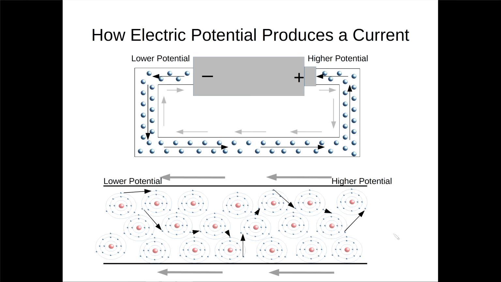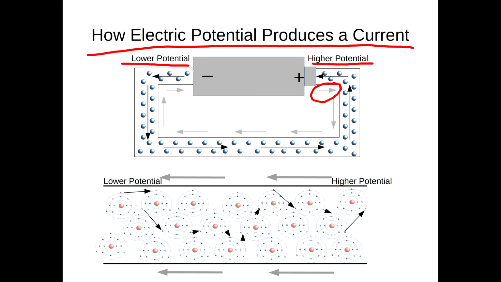Alright guys, now let's look at how electric potential or voltage can produce a current. I've explained this before, I'll explain it one more time in this video. When you have an electric potential or a voltage, you always have this electric field here. These gray arrows represent the direction of the electric field, and this electric field always points from higher potential down to a lower potential.